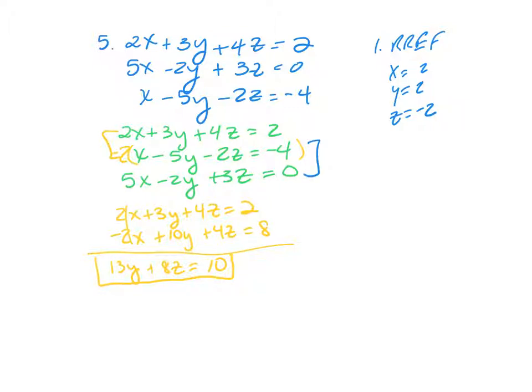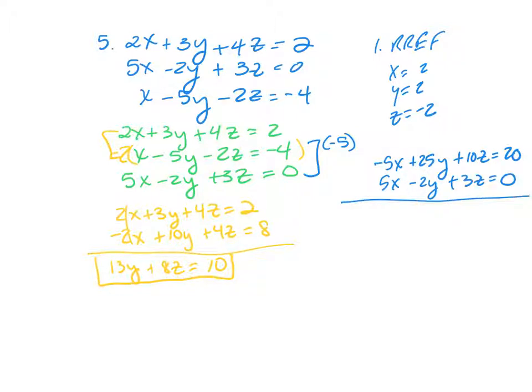In order to eliminate the x, we need to multiply that second one by negative 5, because then it'll be a negative 5x and a 5x. So we're going to do that over here, and we have negative 5x plus 25y plus 10z equals 20, and then the bottom one, 5x minus 2y plus 3z equals 0, and when we add those together, the x's bite the dust, and we get 23y plus 13z equals 20.